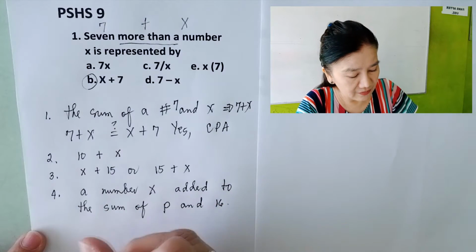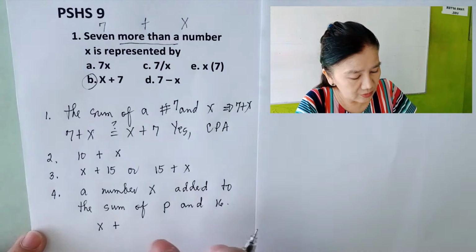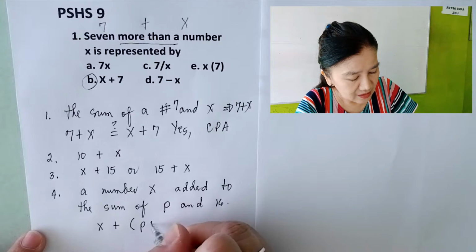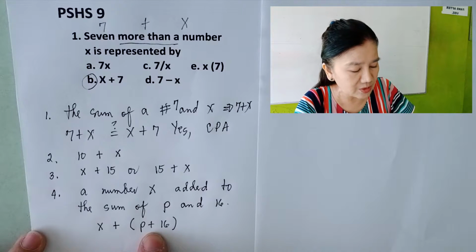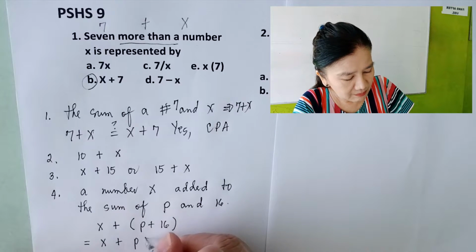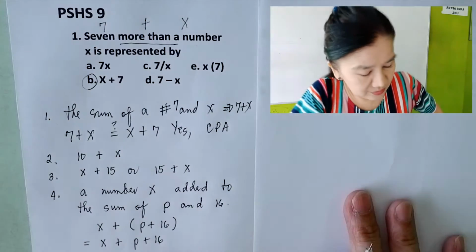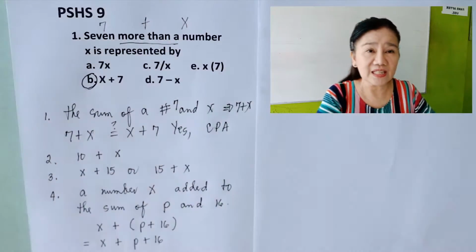So you have a number x added, plus, the sum of p and 16. You can have a parenthesis here, p plus 16. Repeat, a number x added to the sum, so you use plus, p and 16. Or this can be x plus p plus 16. So we have here again, the correct answer is letter B.